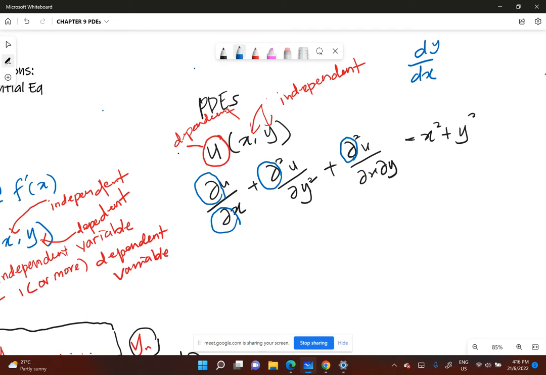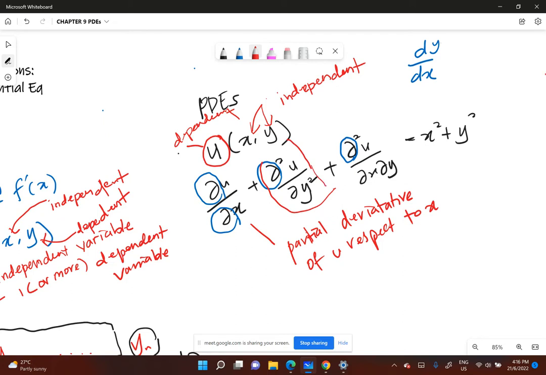And how we call this: for this example, we call it partial derivative. We can call it the partial derivative of u with respect to x, and this one means second derivative. This one is the second partial derivative of u with respect to y, and this one is the second partial derivative of u with respect to x and y.